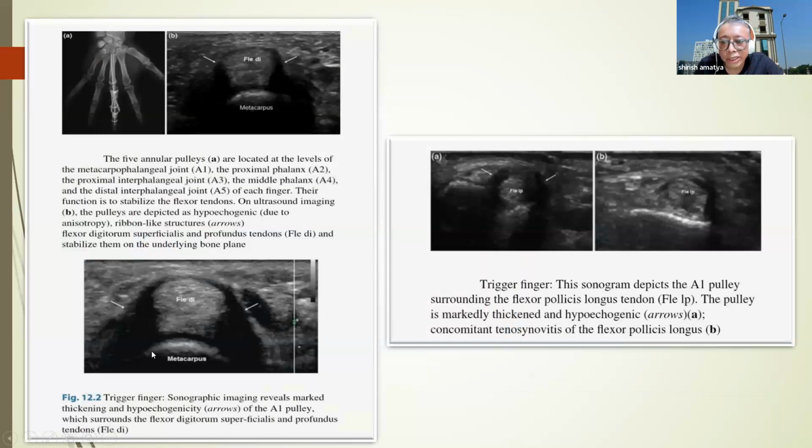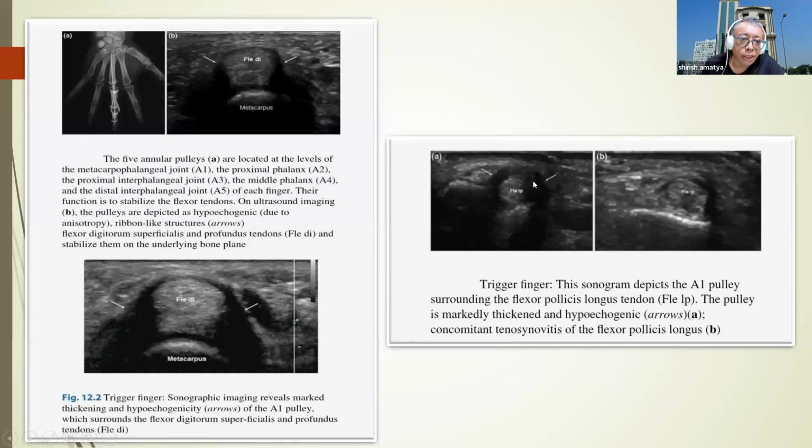This is basically a thickening of the A1 pulley, as shown by the white arrow marks. On the right side of the slide, there is also a marked thickening of the hypoechoic arch surrounding the flexor pollicis longus. This is the pathological pulley.